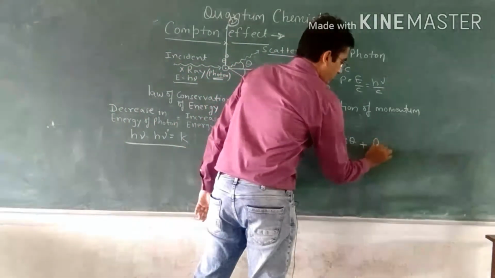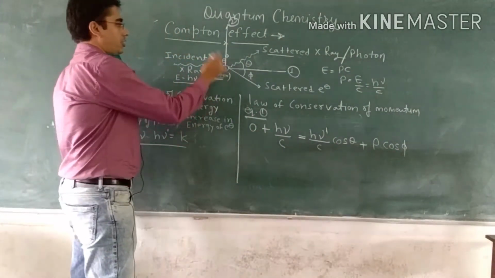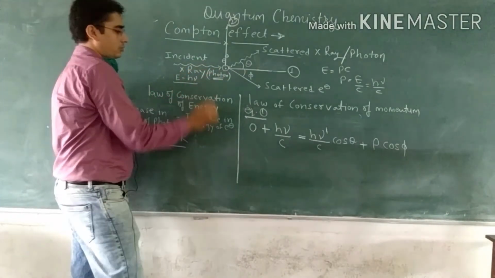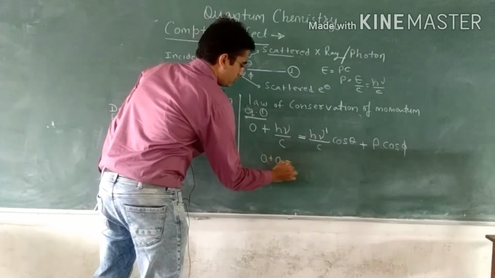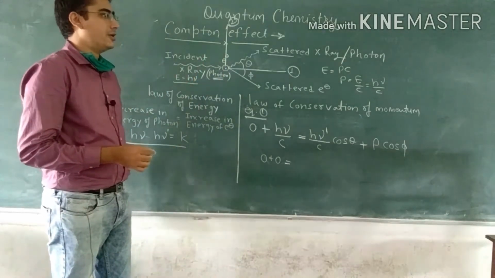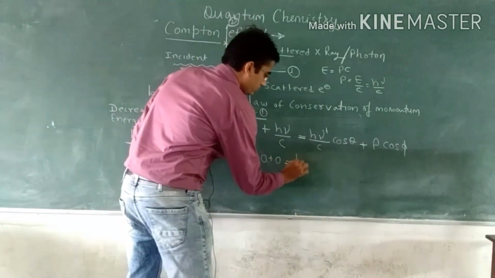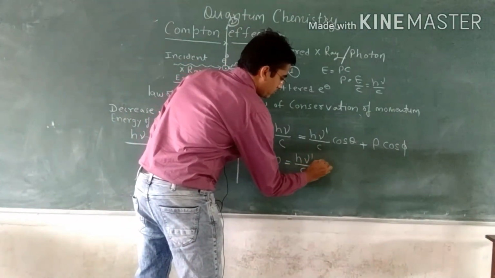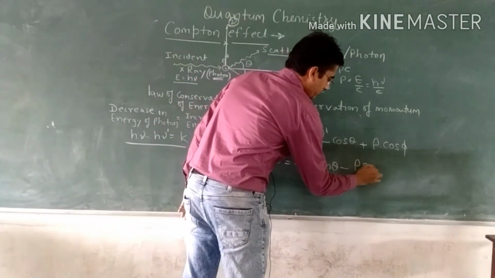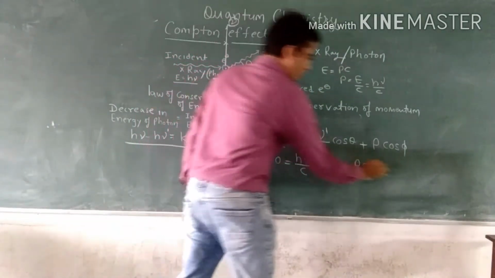In the perpendicular direction, momentum before collision, momentum of X-ray and electron, is 0, and after collision there is momentum of scattered X-ray in the direction perpendicular to the incident X-ray and of the electron. This is equation number 2.